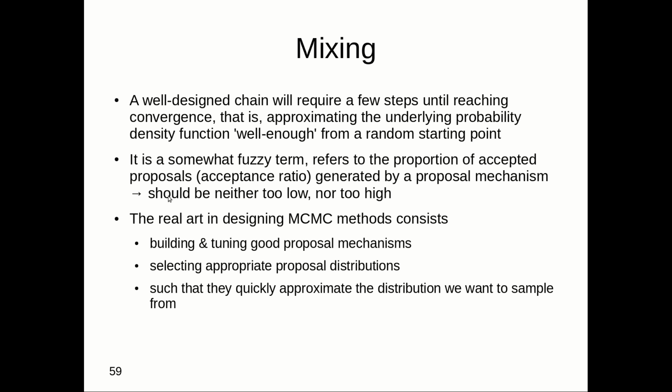You should know that this acceptance ratio should be neither too low nor too high, and typically if we want to design a good proposal mechanism, we're targeting something like 25%. This is the real art in designing Markov chain Monte Carlo methods. Most of the time, you're trying to build and tune good proposal mechanisms.